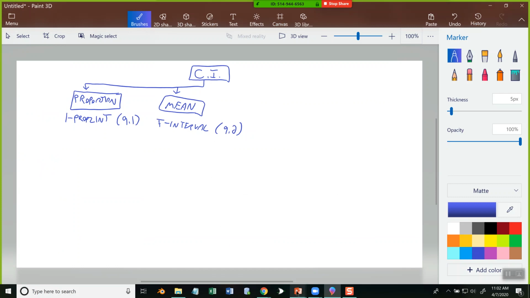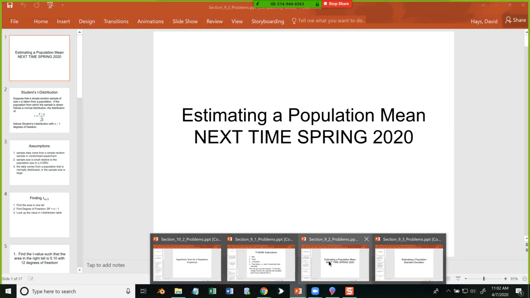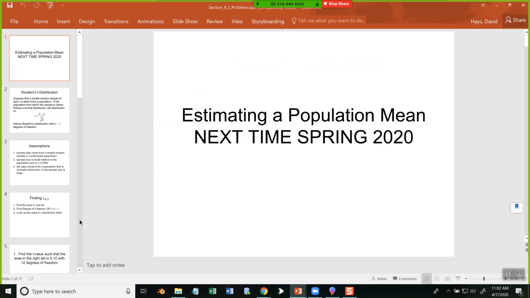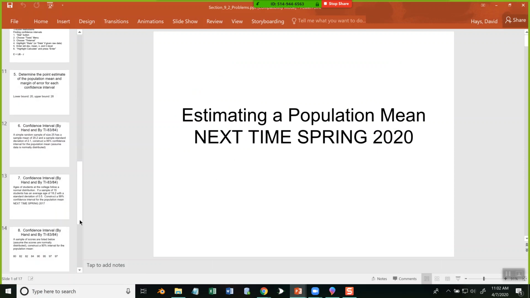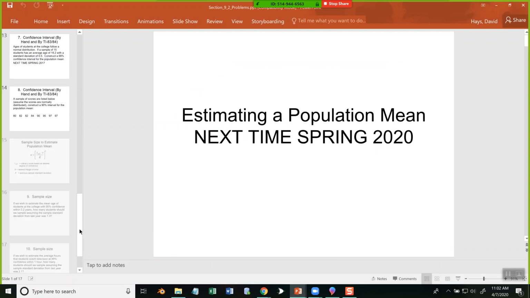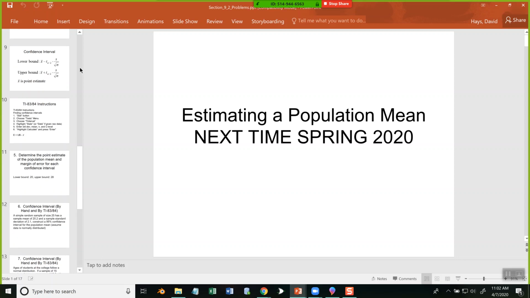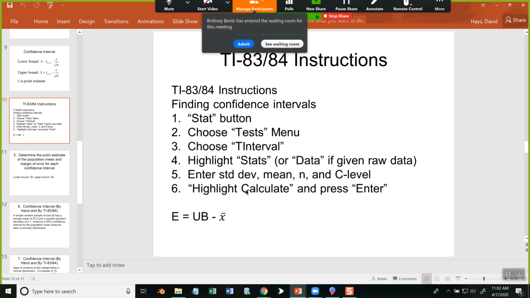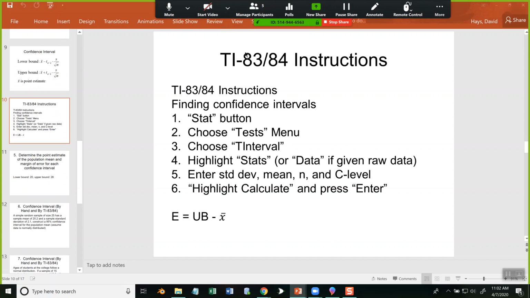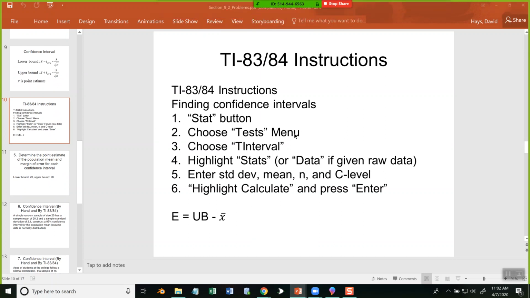For 9.2, our population mean, the slide that told you how to use that on the calculator was this one right here. So if you need to refresh your memory on how to use a t-interval, you come back here and use that.